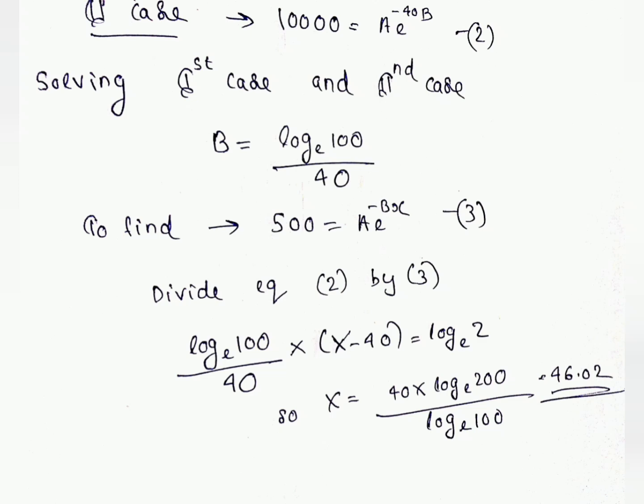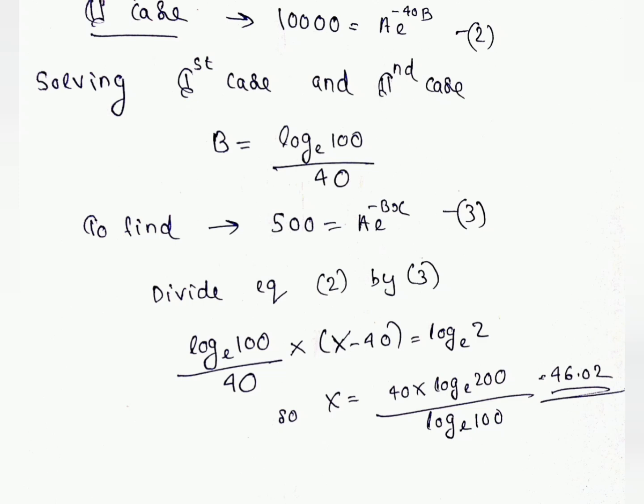So we have to find the third condition: the load x for which the number of cycles to failure is 5,000. You have to find the x for that condition.